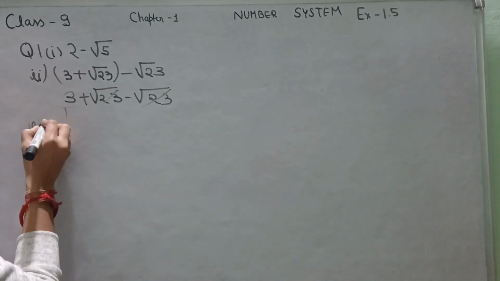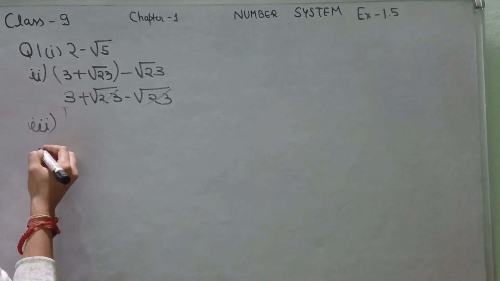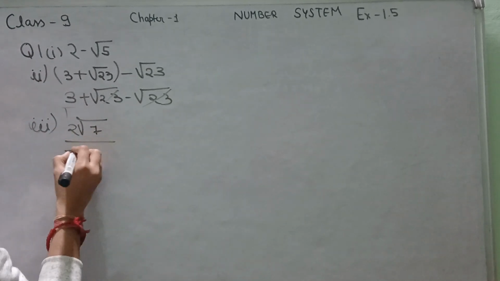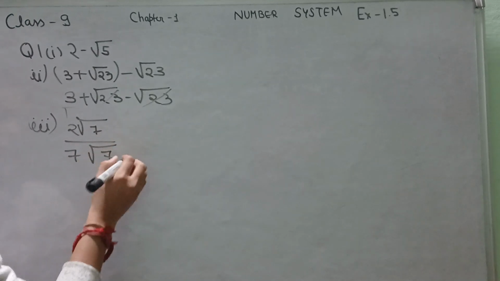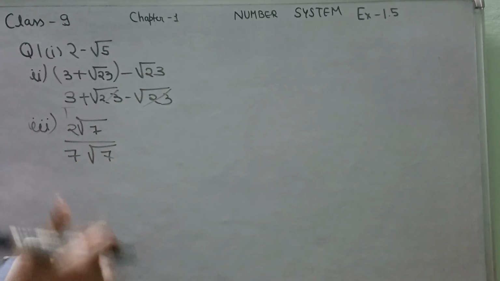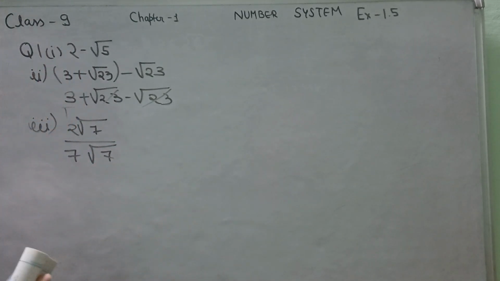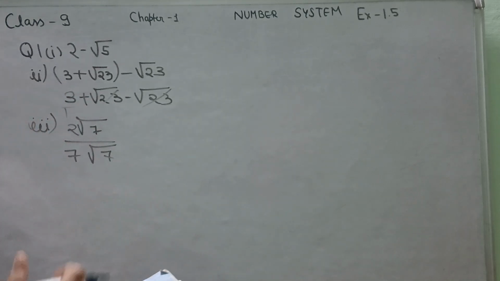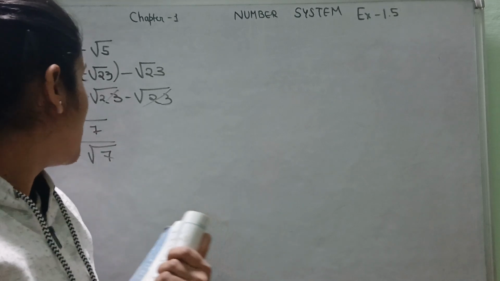Remember this definition. This definition is going to help you a long way. Okay, coming on to question number 3. Question number 3 is 2 root 7 upon 7 root 7. We have not seen yet multiplication and division in roots, but we will see it in the upcoming section of this video.